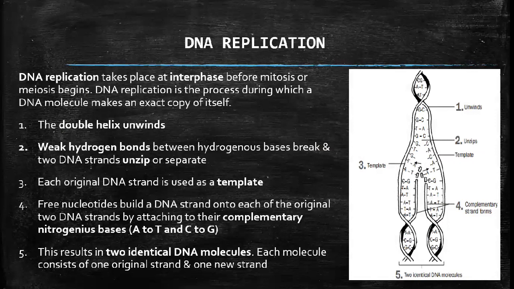Okay, and then each molecule consists of one original strand, which was the template, and a new strand, which is the free nucleotide. I want you guys to understand that it's very important. It's not that difficult. It's very easy. What happens? Number one, the double helix unwinds, which is what you see here.